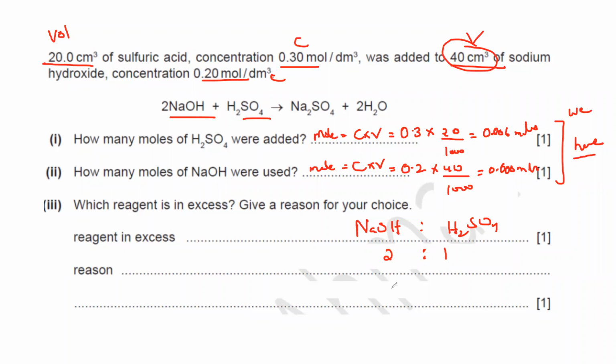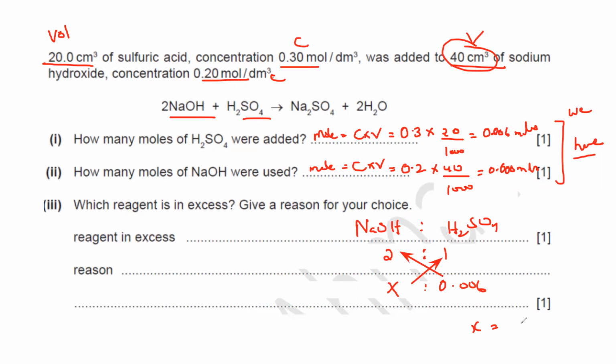So you can take sodium hydroxide as X. How many moles of sulfuric acid? 0.006 moles. So if we have 0.006 moles of sulfuric acid, X moles of sodium hydroxide will be there for a reaction. So we cross multiply, and the value of X will be 0.012.